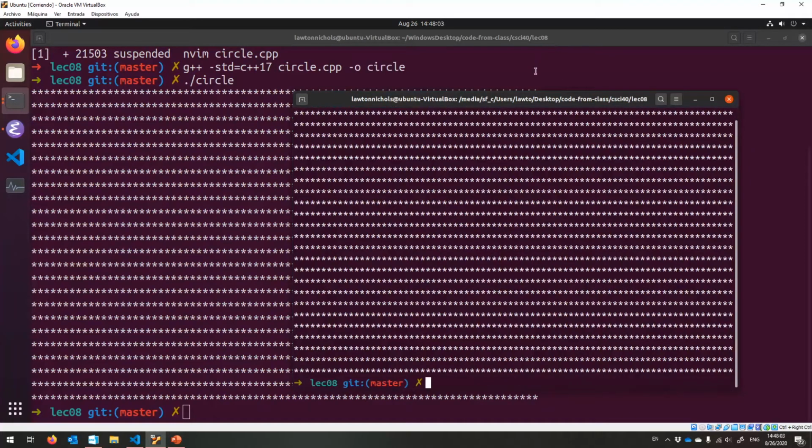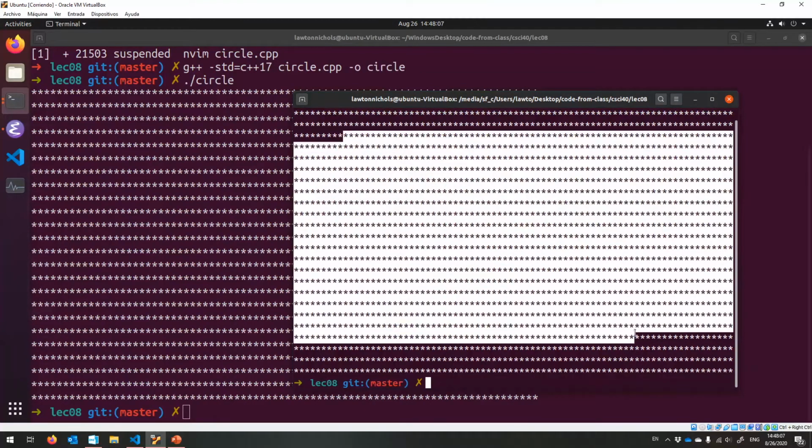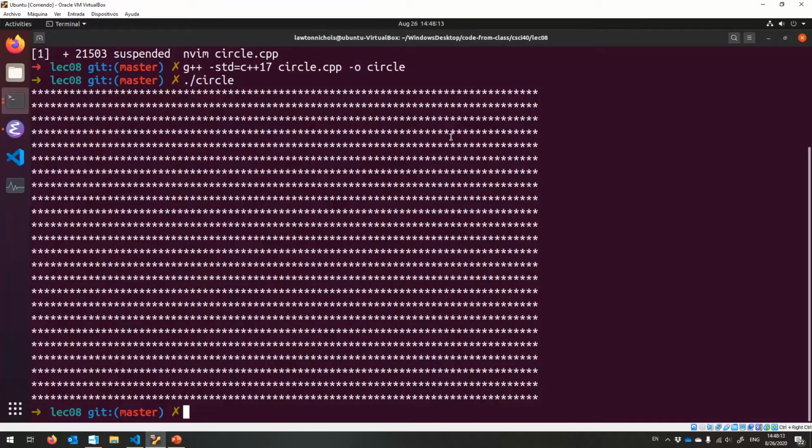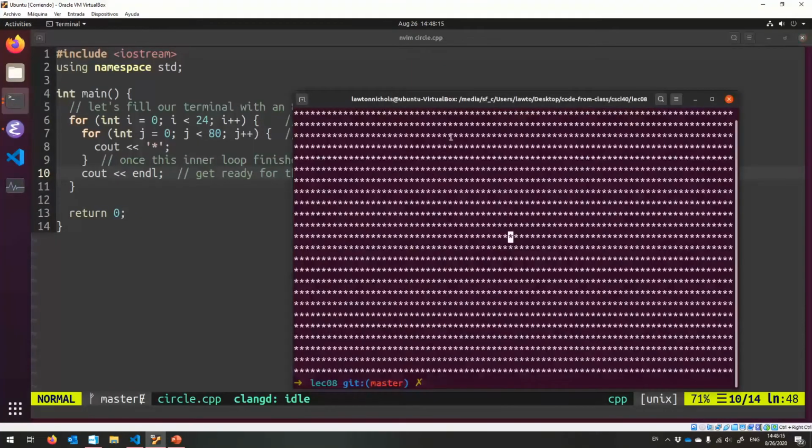Okay. So now our job is no more stars, but let's pretend that this is a coordinate system. So we need to find the middle, and that should be our 0, 0. Right now it's more like, I don't know, 12, because that's the line on I is 12, and then j is like 40, but we want the middle to be 0, 0 instead of like 12, 40. Okay, I hope you see that.